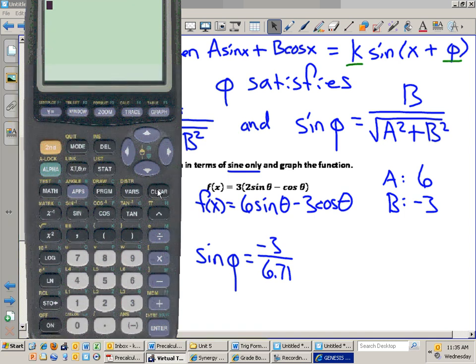Okay, so let's do that. How do we solve for phi? Inverse of sine. Inverse sine of negative 3 divided by 6.71.